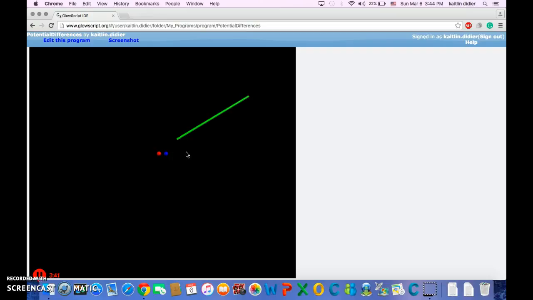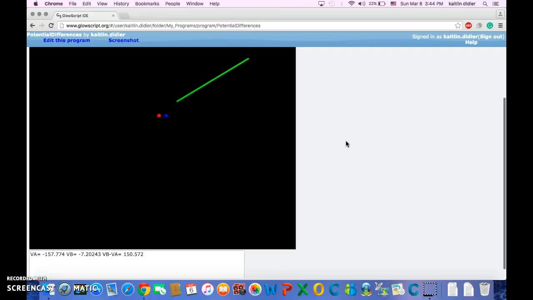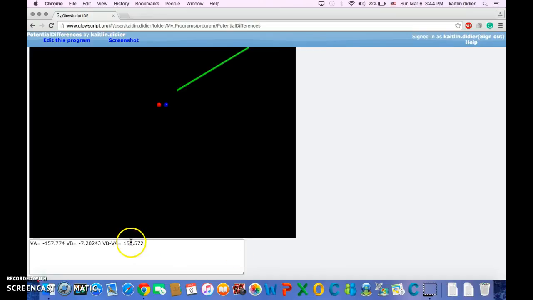And we said that the red was positive and the blue was negative, and you can zoom in and zoom out on this just for your liking, but if you press out of the box that I defined, you can scroll down and see here what we printed, as well as VA.